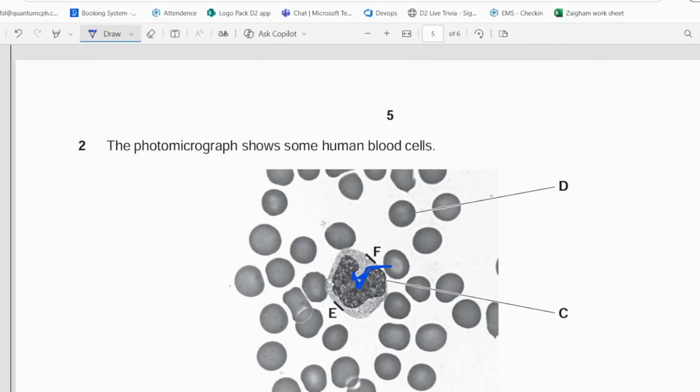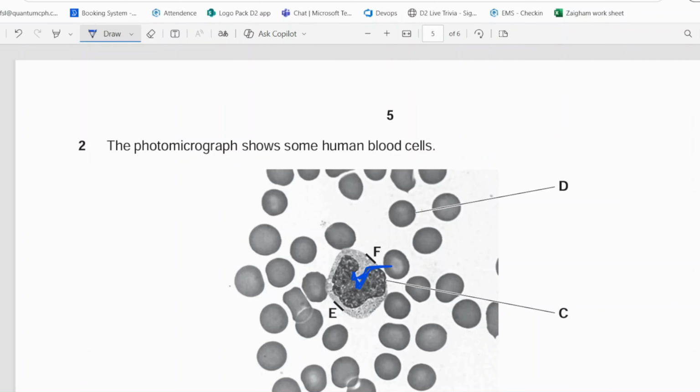What is the difference between C and D? Wait, there is no nucleus in D, but a nucleus is present in C. Then another difference: D is smaller, C is larger.